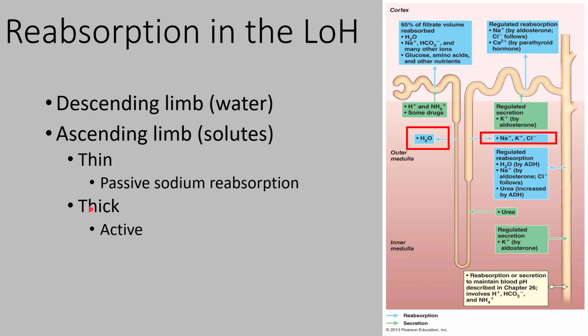And actually, at the thick limb, it's active sodium, potassium, and chloride reabsorption. Now, the loop of Henle, we're going to devote an entire lecture to that in our next lecture. So don't worry about how this happens.